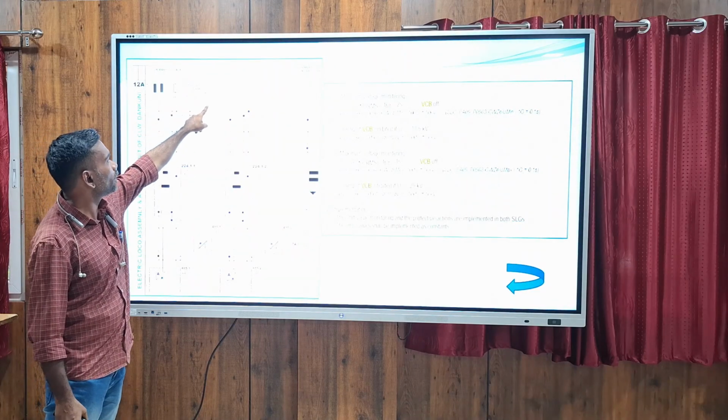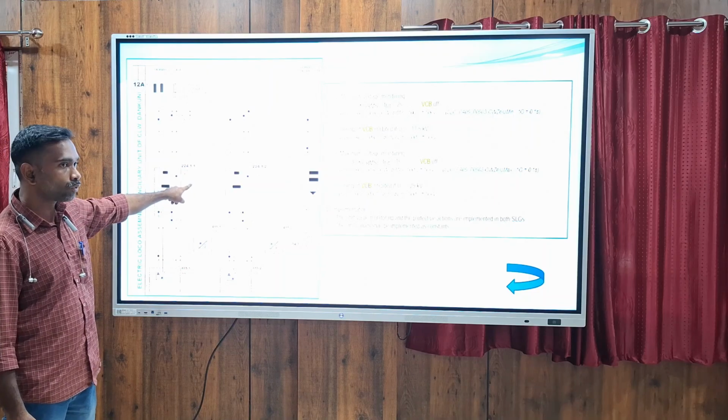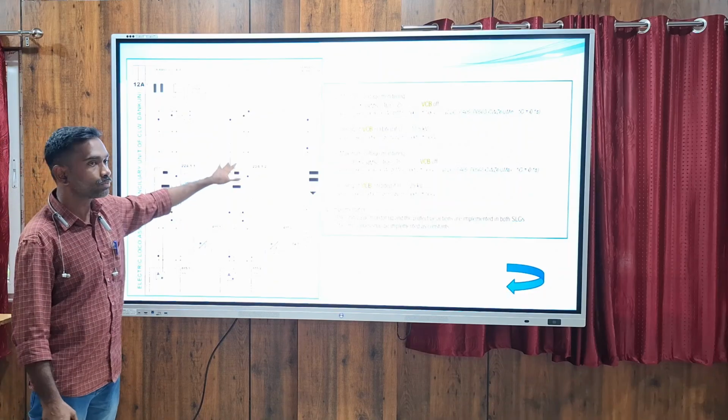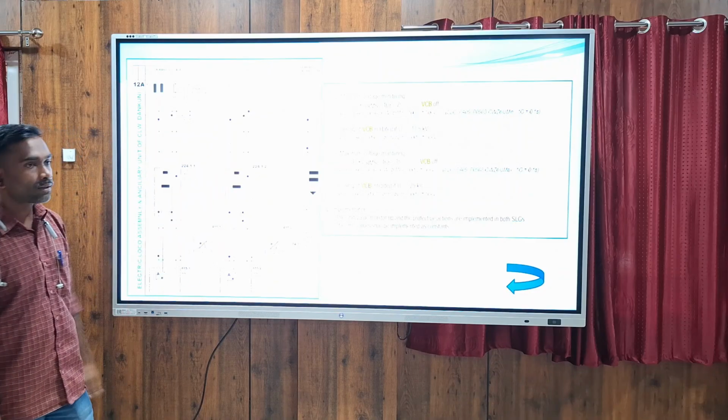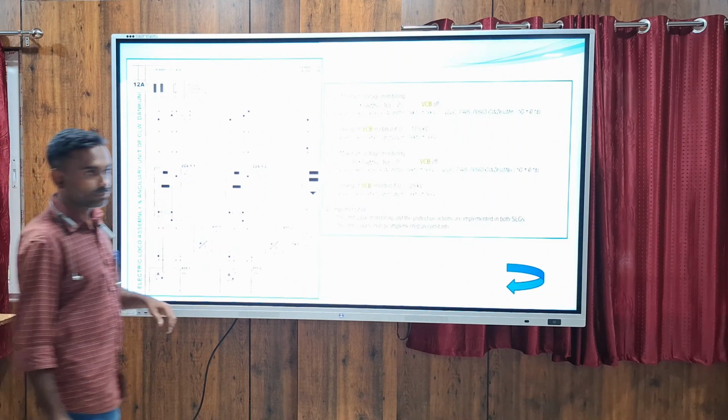Then it will convert 25 kV to 200 volt. Further it will reduce 200 to 4 volt. Then it will go to SR1 and SR2, a similar circuit. Then if SR detects that the OHE voltage is out of limit, this fault will come. Clear?